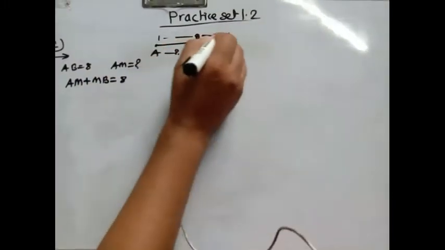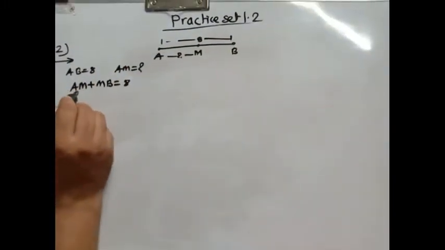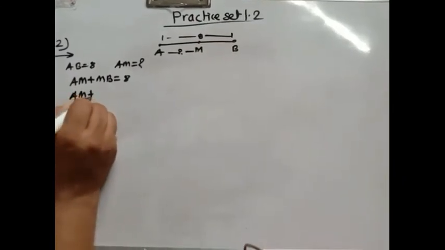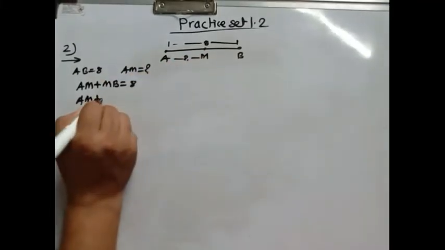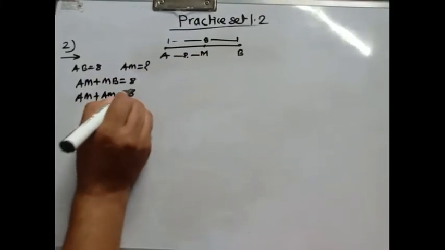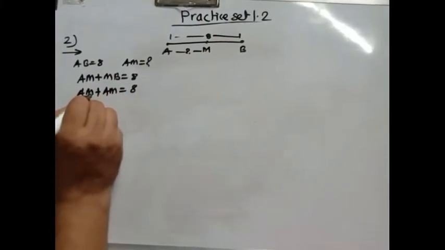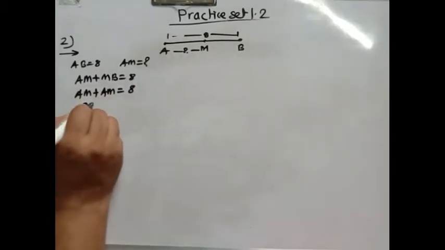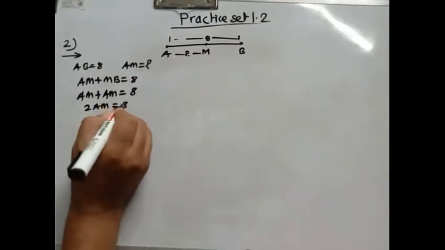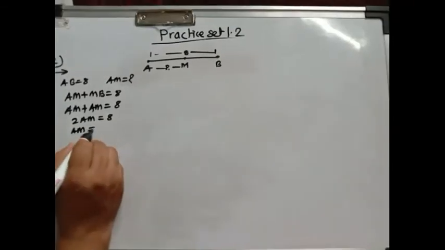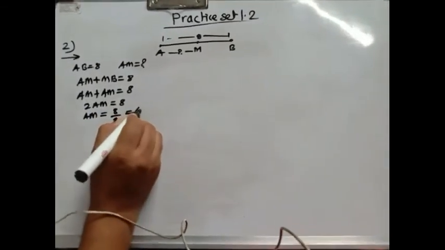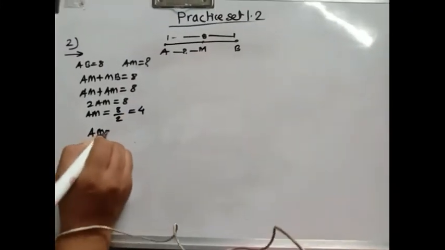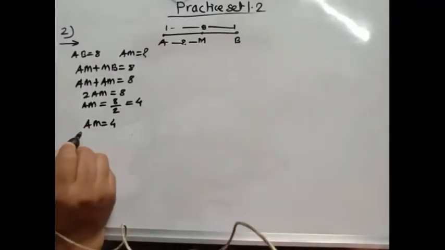AM plus MB, since M is the midpoint, is the same distance for AM. So here 2 AM is equal to 8, which means AM is equal to 8 by 2, which gives 4. AM is equal to 4 is your answer.